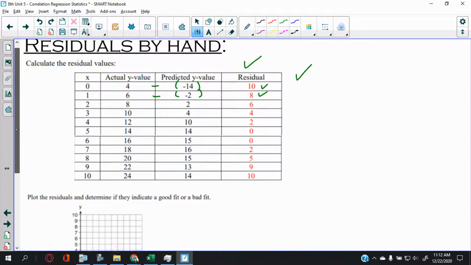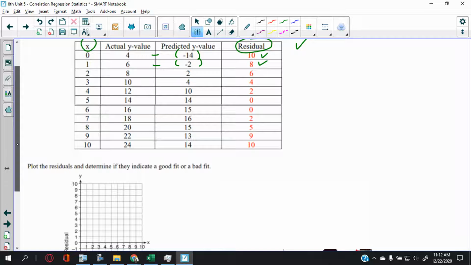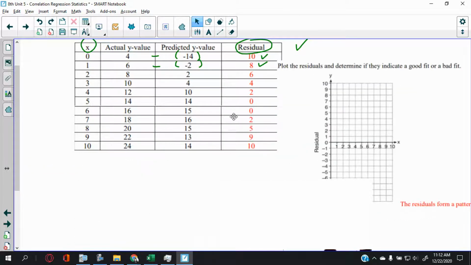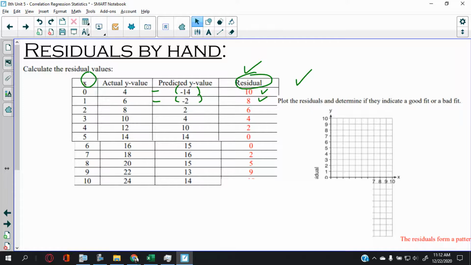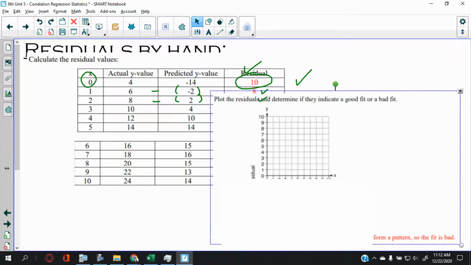So how do you plot a residual plot? Easy. Just plot the x and the residual. That's it. For example, I should move this over here actually. Yeah, much better. Let me shrink this a little bit.